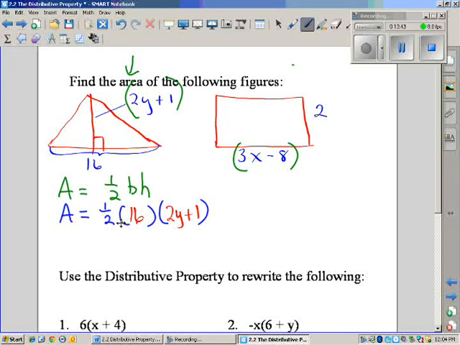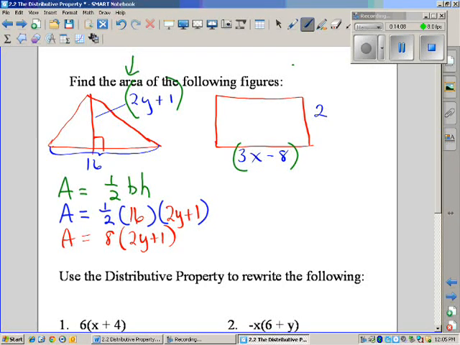Now I have 3 terms to multiply together. The associative property of multiplication says it doesn't matter which 2 you pick to start with. So I am going to pick 1/2 and 16. 1/2 times 16 is 8. Bring it down. Don't forget the parentheses around the 2y plus 1.